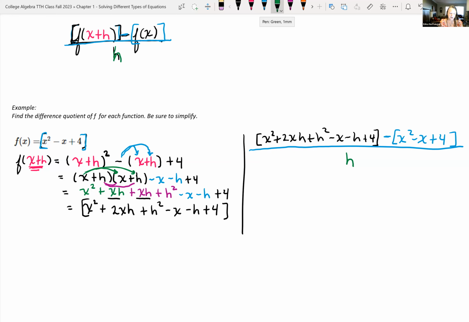So I technically don't need those first brackets in the numerator, but those second brackets, I need to distribute that negative 1 to each term. This is another place where students tend to make an error by forgetting to distribute that negative sign.